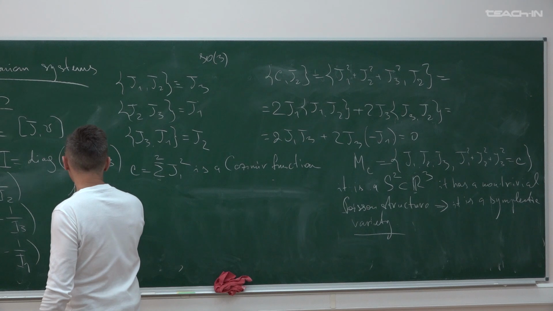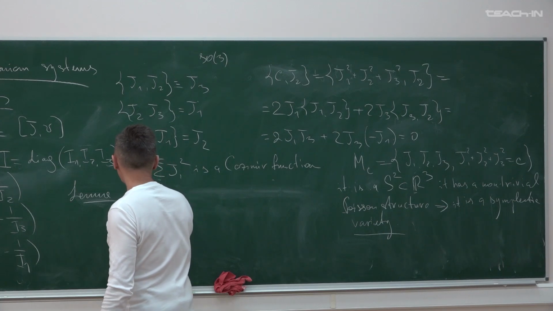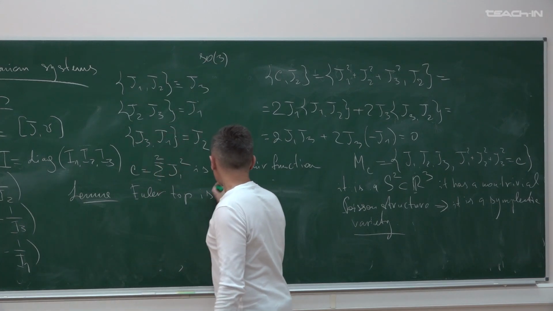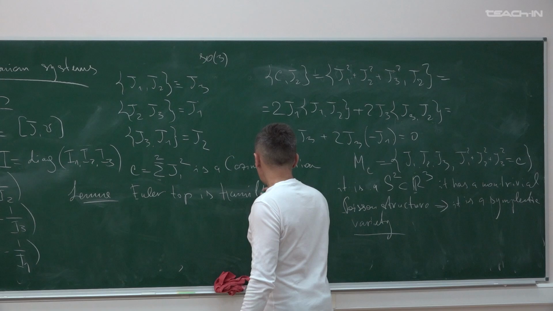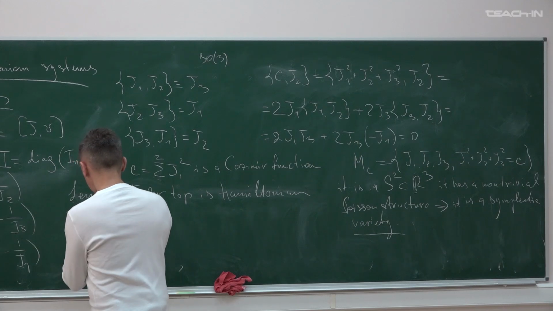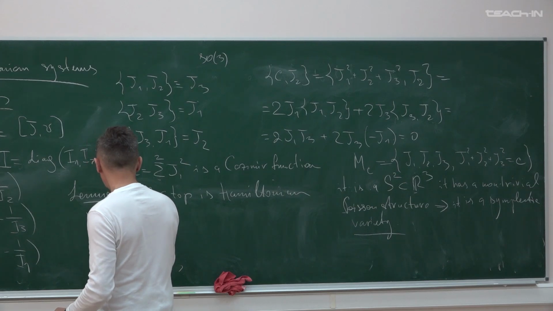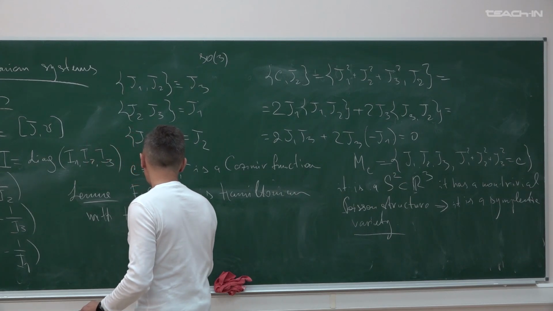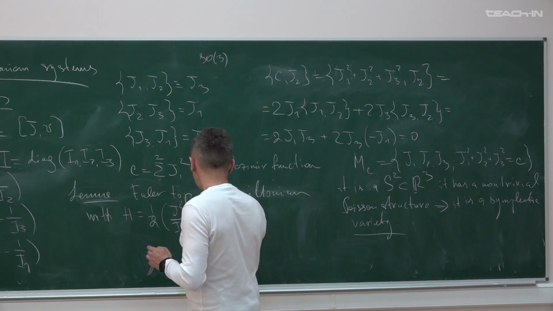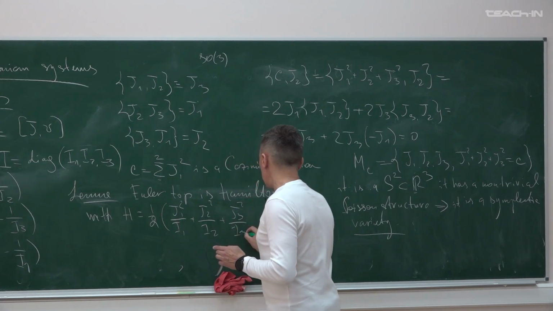Lemma. The Euler top dynamics, Euler top is Hamiltonian with h equal 1/2 J1 square over I1, J2 square over I2, J3 square over I3.